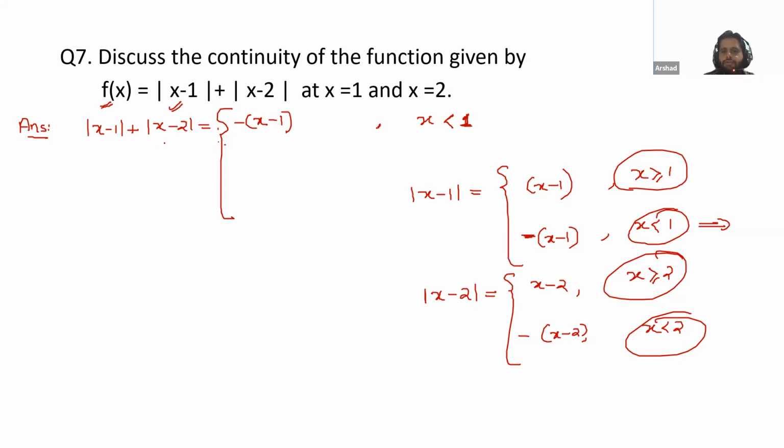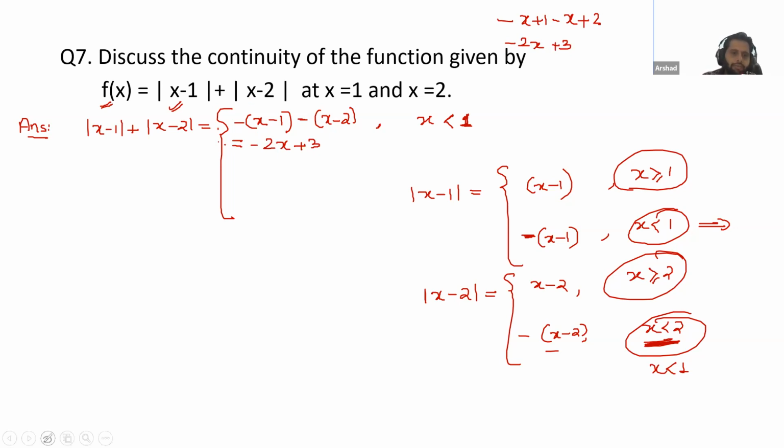I hope everyone understood that for x less than 2, this is negative. If a number is less than 1, then definitely it is less than 2. That's why we will take a negative here, so minus x minus 2. Now open this bracket: you will get minus x plus 1 minus x plus 2. So here you will get minus 2x plus 3.